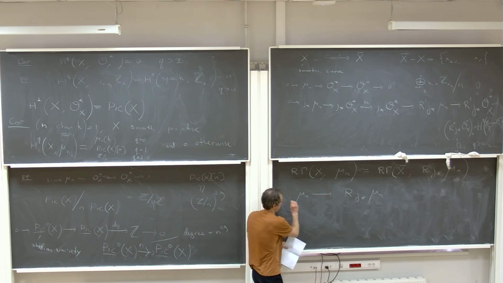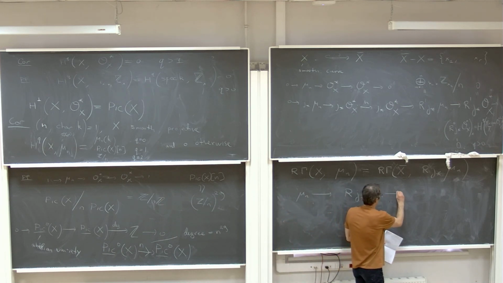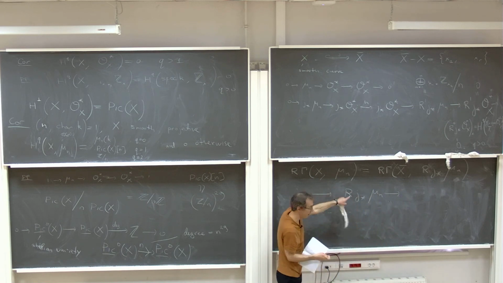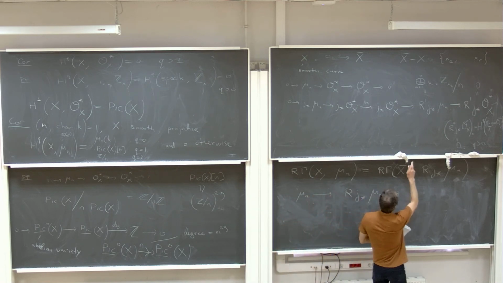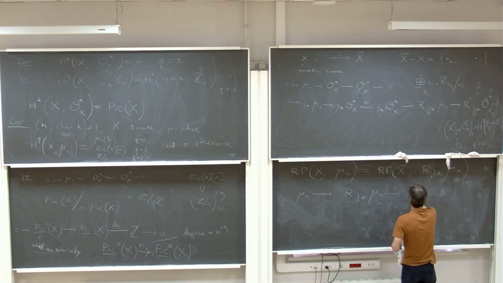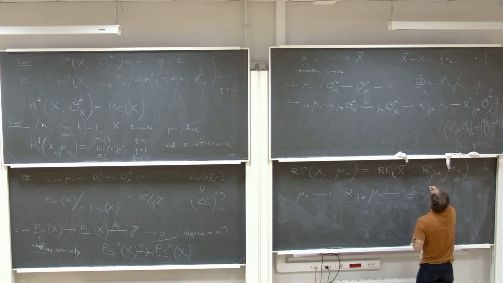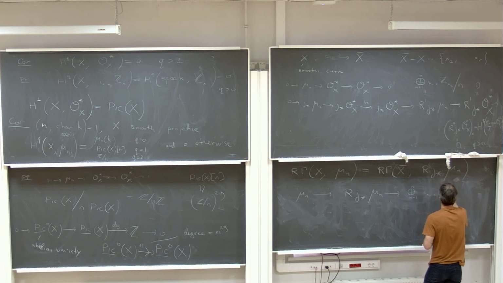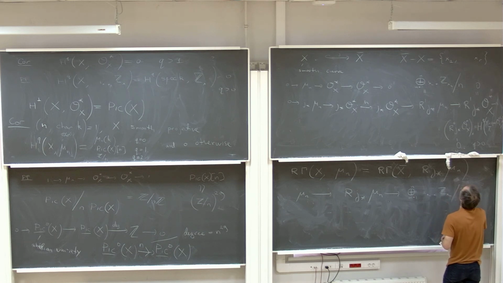And then the cone of this map is what we had over there. Its first homology, sum over m equal 1 to n, of j_x_m rho star of Z_x_m modulo n. Good.